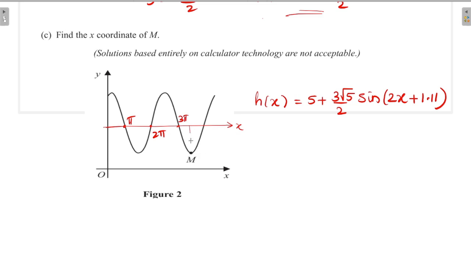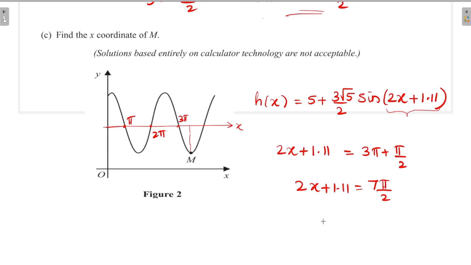So M is at 3 pi plus pi by 2. So what is the x coordinate? 2x plus 1.11 is equal to 3 pi plus pi by 2. So 3 pi plus pi by 2 is 7 pi by 2, and 2x plus 1.11 is equal to 7 pi by 2.